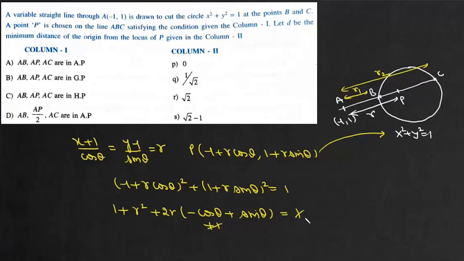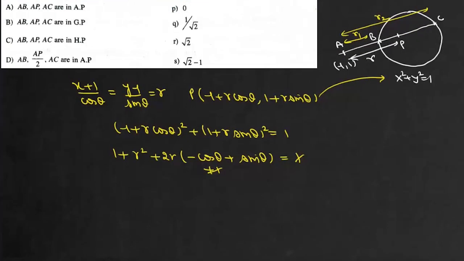So this plus 1 and plus 1 will cancel. So basically we'll get a quadratic equation in R, and that will be given by R square plus 2 (sin theta minus cos theta) R plus 1 equals 0.